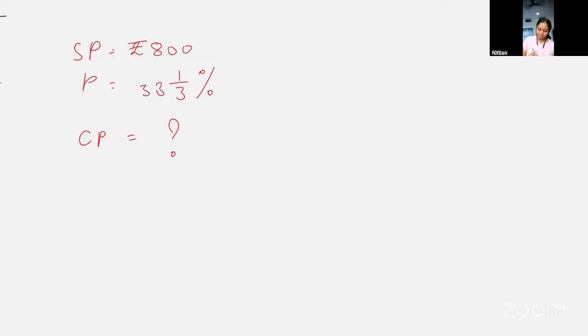Now, see, I'm solving this for you all. See it once again. The ratio method, 33 1 by 3%. First, we will convert it into a mixed fraction. 3 into 33, 99, plus 1 upon 3. So 99 plus 1, 100 upon 3, and it is still percent, 100 upon 3%.